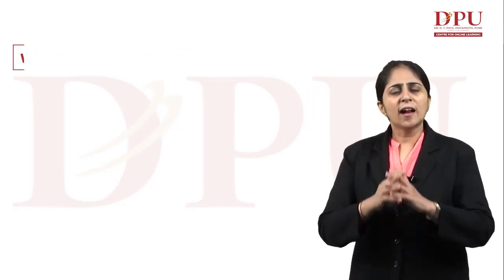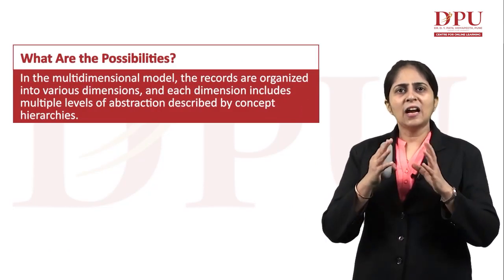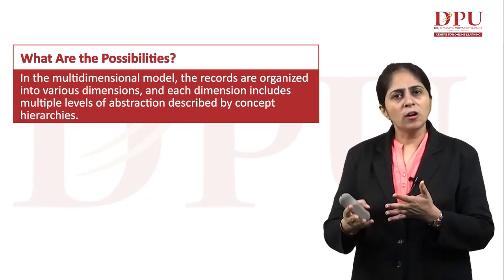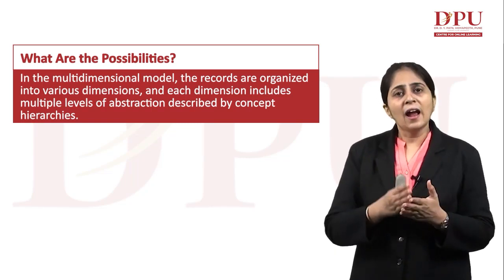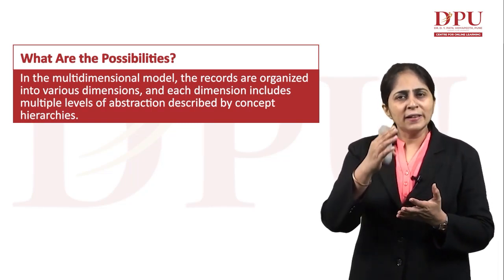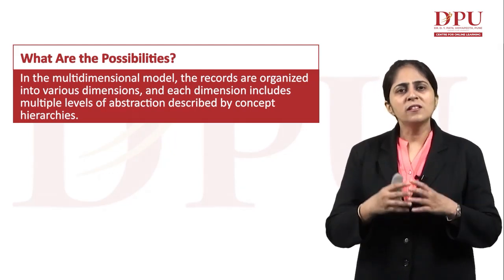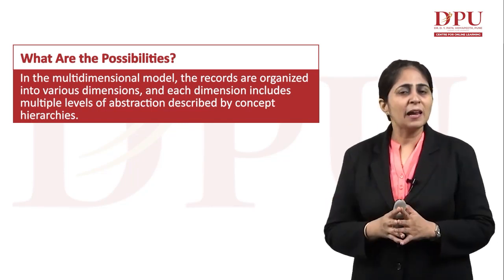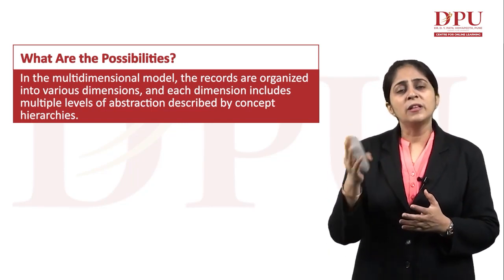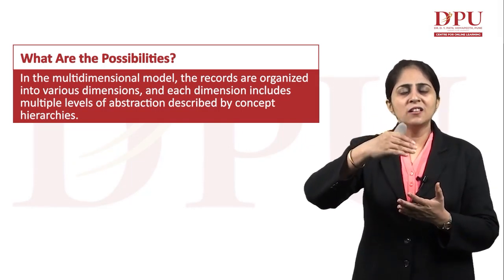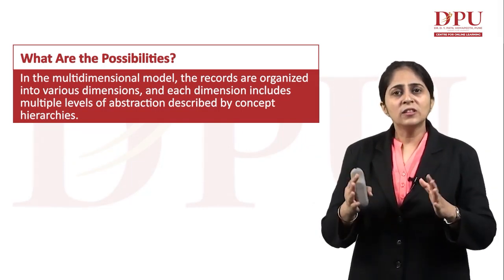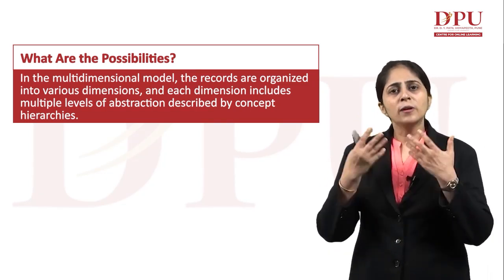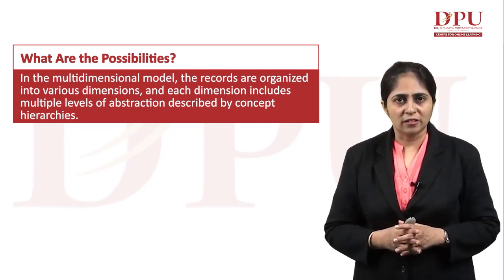Now, what are the possibilities? In a multidimensional model, the records, as we have seen, are organized into various dimensions. Each dimension includes multiple levels of abstraction described by concept hierarchies. Like we have seen, the time dimension can be described in the hierarchy of day, week, month and year. So the data is described in a particular hierarchy in our database, which provides multiple levels of abstraction.